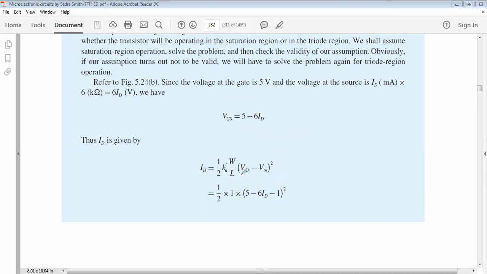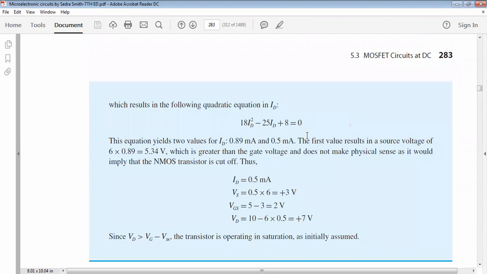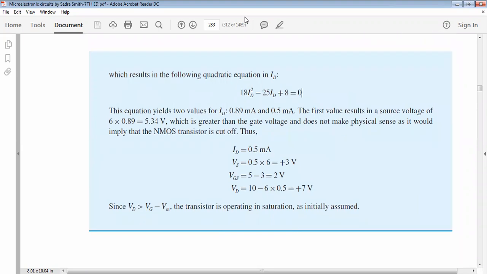Then substitute VGS equal to 5 minus 6 ID, with threshold voltage of 1 volt: 5 minus 6 ID minus 1, whole squared. Simplifying, this is a quadratic equation that gives two current values: 0.89 and 0.5 milliamperes.